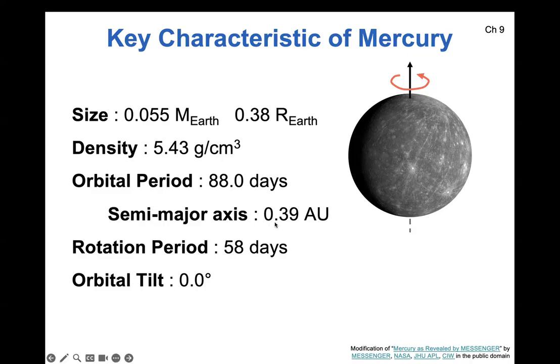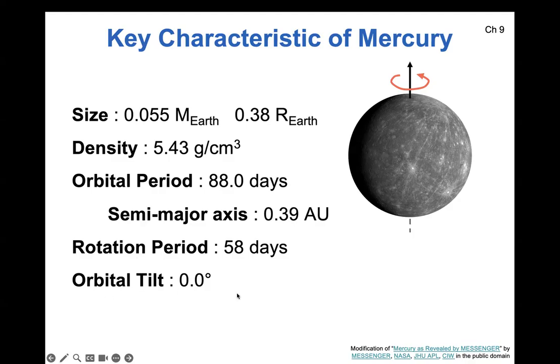The semi-major axis is 0.39 AU. So about 40% the distance of Earth from the sun. So you could say that Mercury is over twice as close to the sun as Earth. Because if this was 0.5, that would be twice as close. And this is more than twice as close, right?